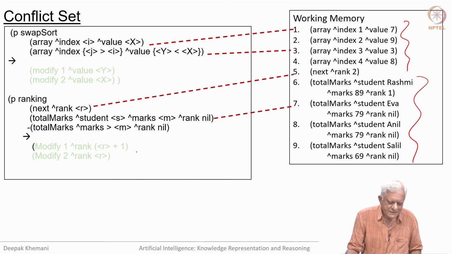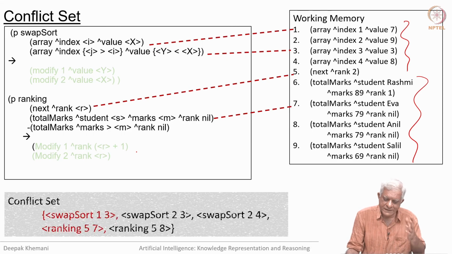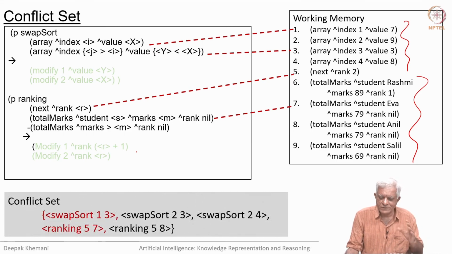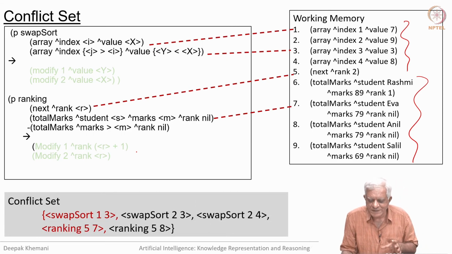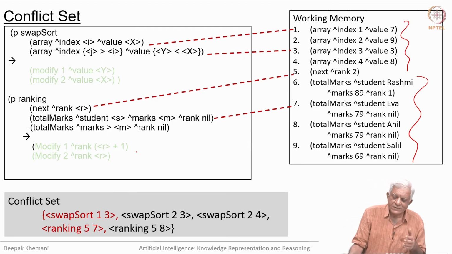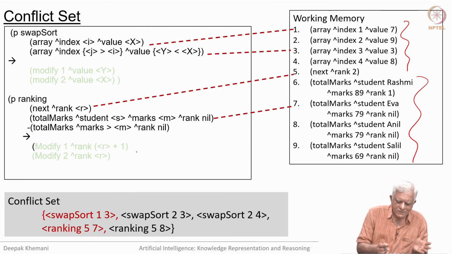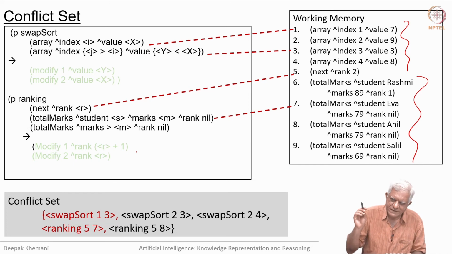If that happens, then we would have these two instances of the rules go into the conflict set, and the conflict set would look something like this. It is a set made up of tuples, where each tuple starts with a rule name and the timestamp of the working memory element that it is matching.